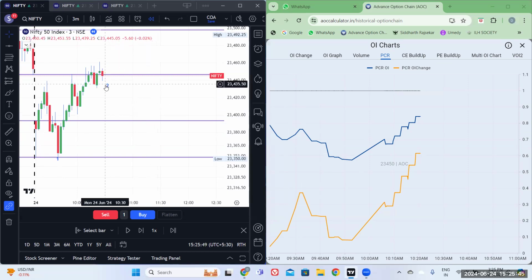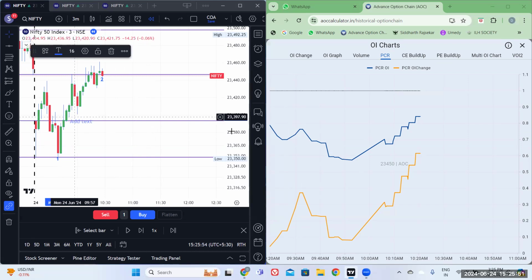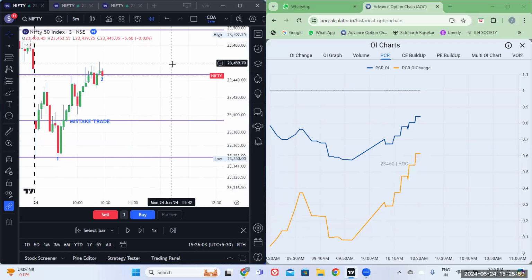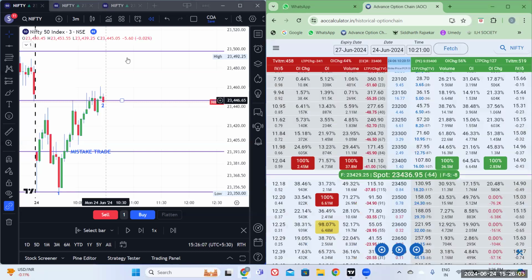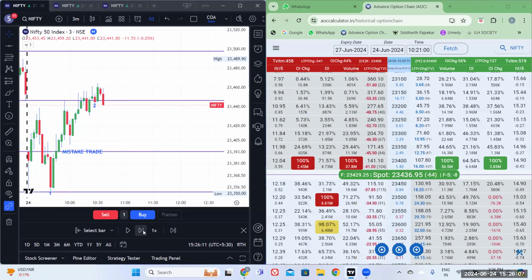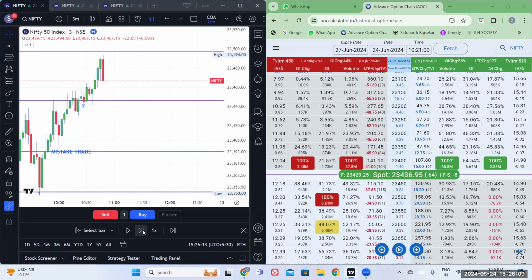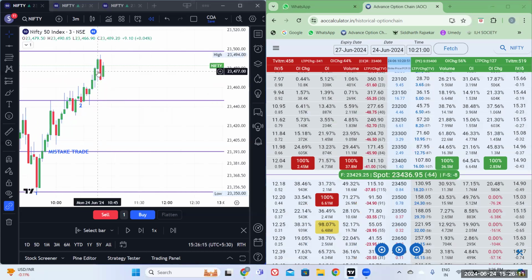And the mistake trade was here, not waiting for the confirmation. This is a mistake trade which got stopped out. And here everything was good. So the target is here, and the trade just hit the target comfortably.